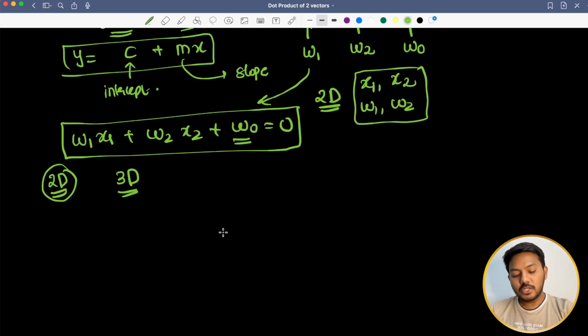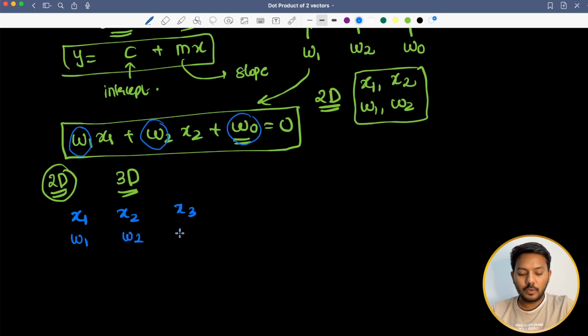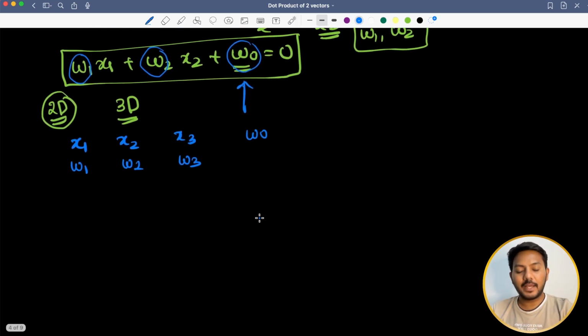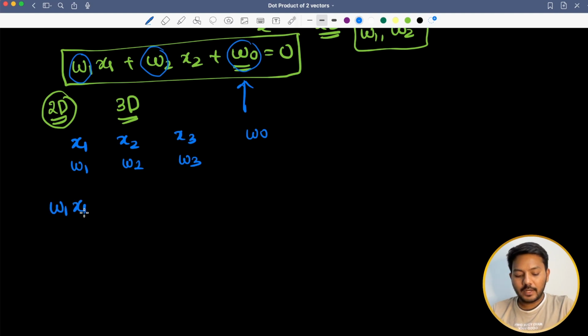Is that clear? If I have 3D, I will have three axes, which are x1, x2 and x3. As we have seen, every axis has a weight corresponding to it, so I will call them w1, w2 and w3, and we have a constant value w0. If we generalize the equation from 2D to a plane in 3D, it would look like this: w1 x1 plus w2 x2 plus w3 x3 plus w naught equal to 0.